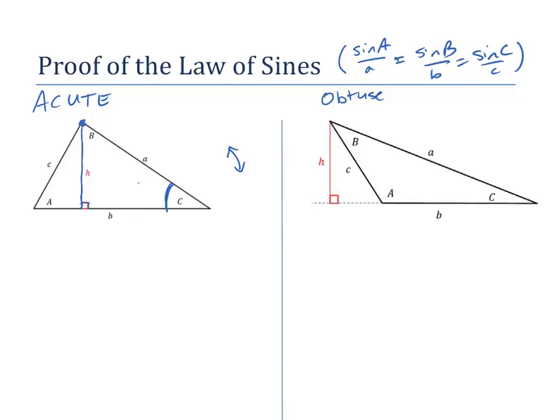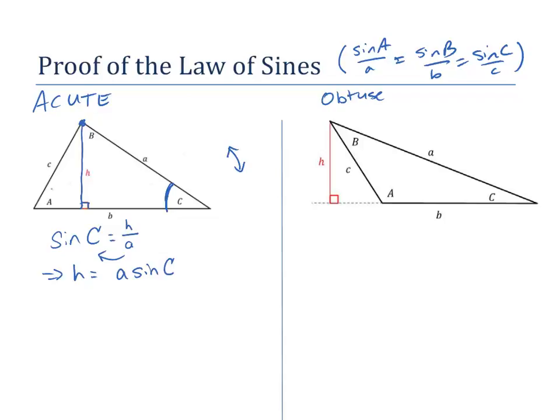According to the relationship of the trigonometric functions to right triangles, you know that sine of capital C would be opposite, which happens to be this length h, over the hypotenuse of that triangle, which would be side A. If I move the A to the other side by multiplying it across, I end up with the following statement: h equals A times sine of capital C.